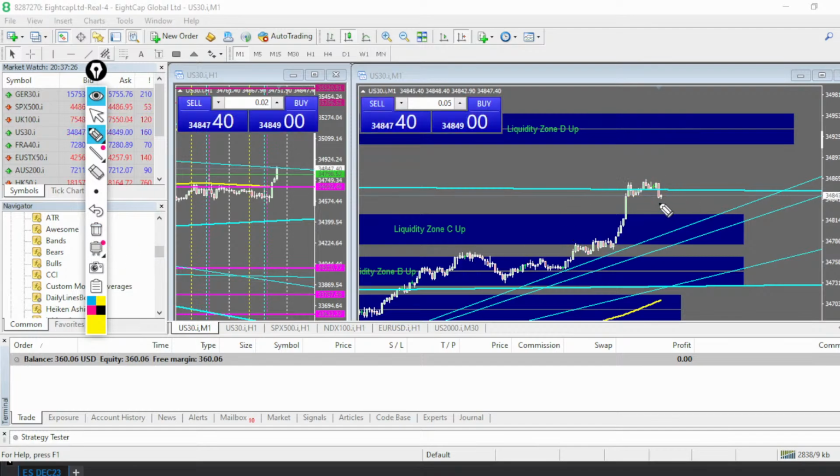So right now I'm expecting an up move. As you guys can see, we broke out of this C zone and it looks like we're heading to the D zone.